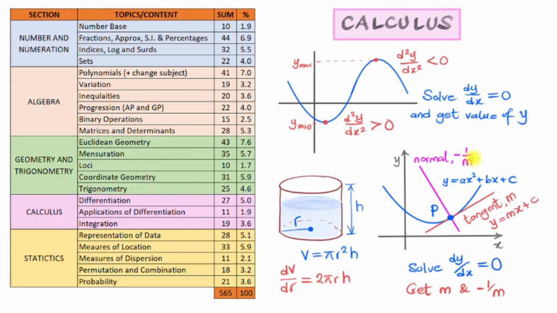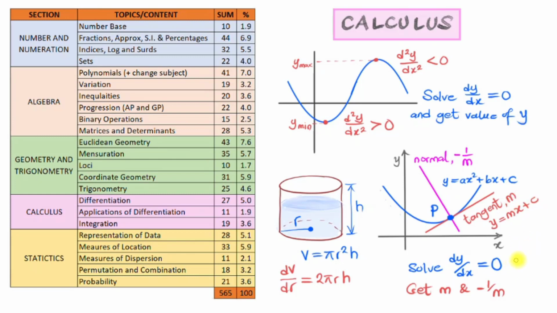Now, this other case is one in which you are given a particular polynomial function, and you will be asked to find the normal at a particular point. So, you don't need to be scared. All you need to do is take that polynomial function, like here, the function y, then solve for dy/dx equal to 0. That will give you a value of x, okay?